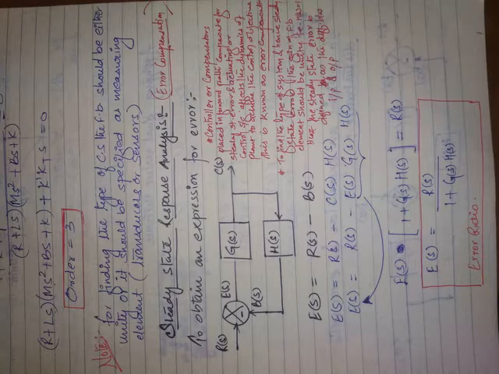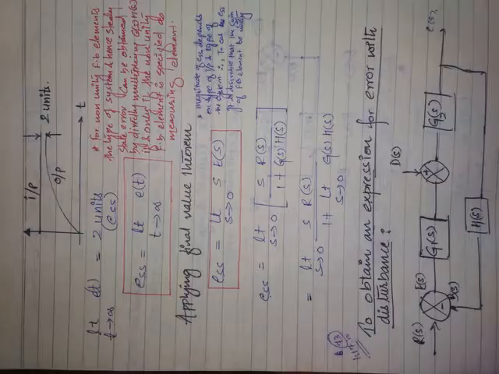Applying the final value theorem, ESS is limit s tends to 0 s into E of s. ESS is limit s tends to 0 s into R of s by 1 plus G of S H of s.